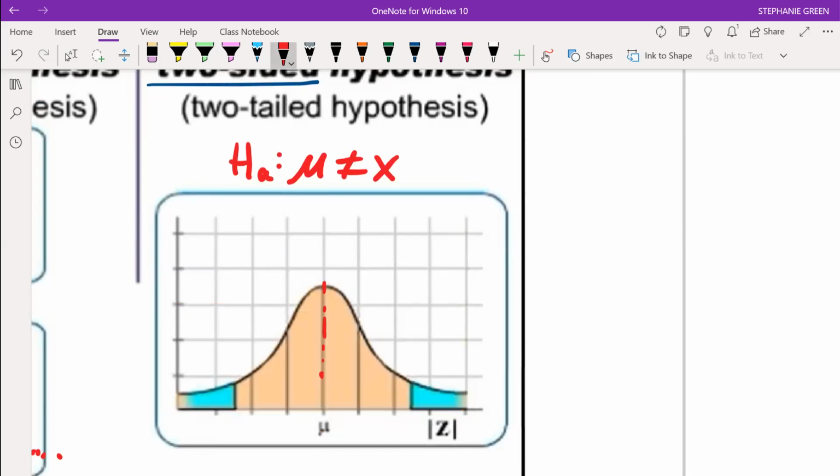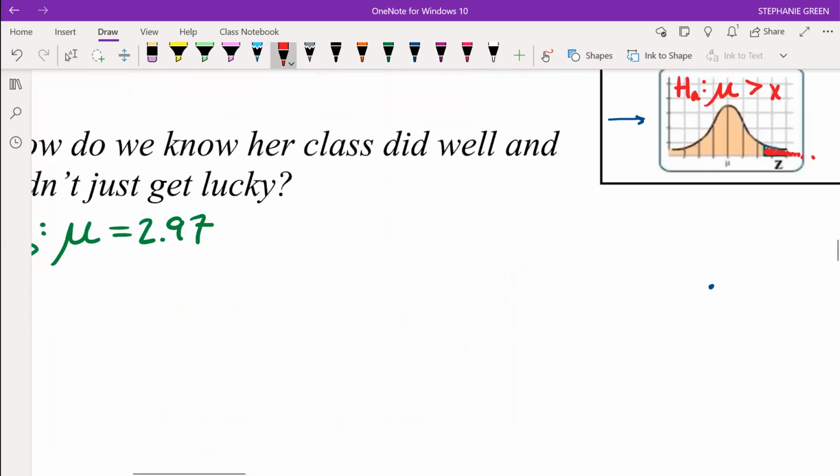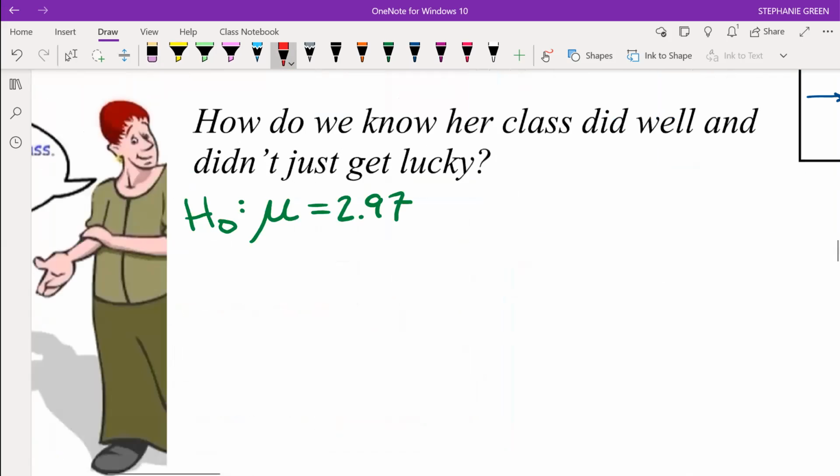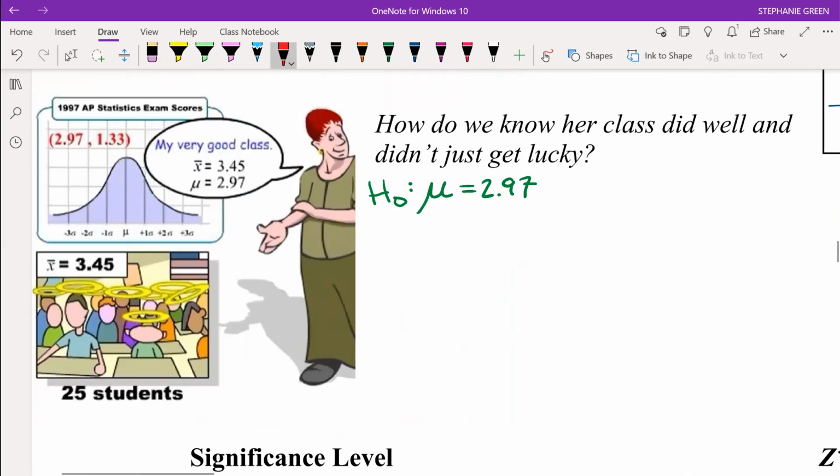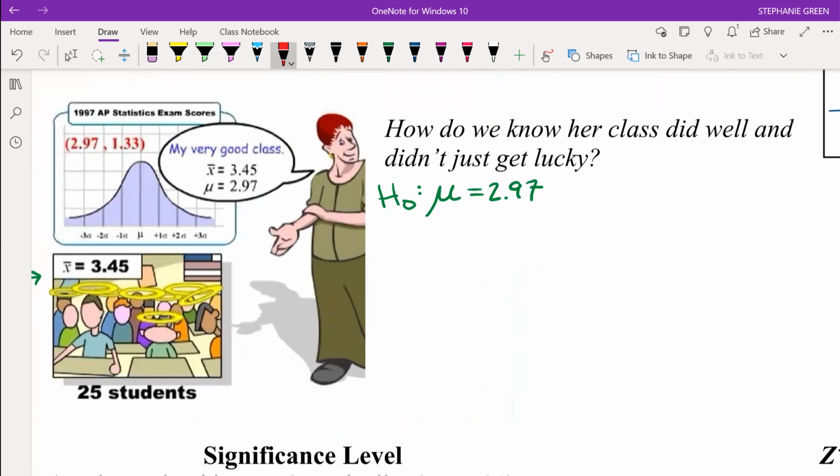Okay, so let's go back to what we have here. In this one we're being very specific that she thinks her students are not just different, but that they're better than average. So our alternative hypothesis is that her class's mean is greater than the population mean.